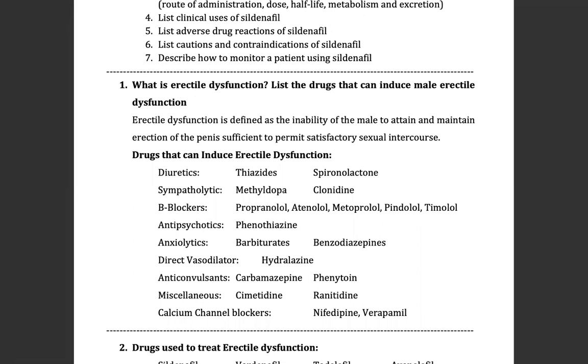We know that these are commonly used drugs to manage blood pressure, central nervous system disorders, and acidity related to the GIT, and they may be responsible for male erectile dysfunctions.